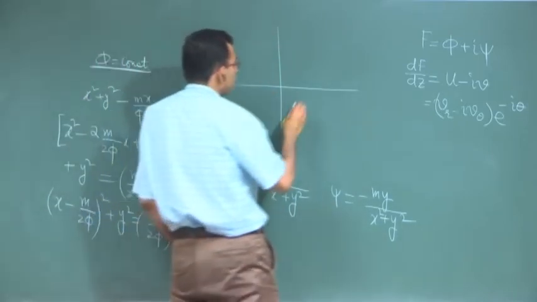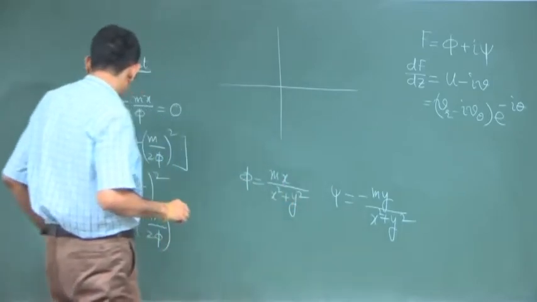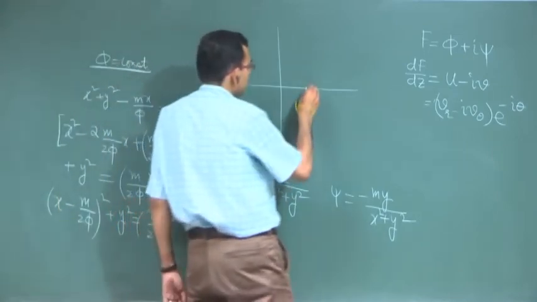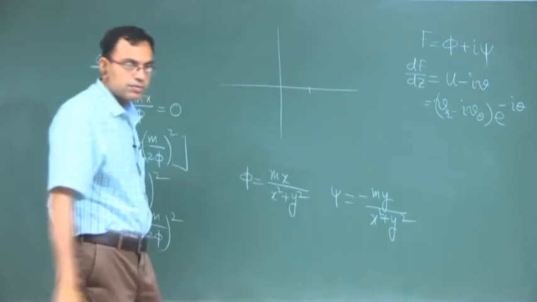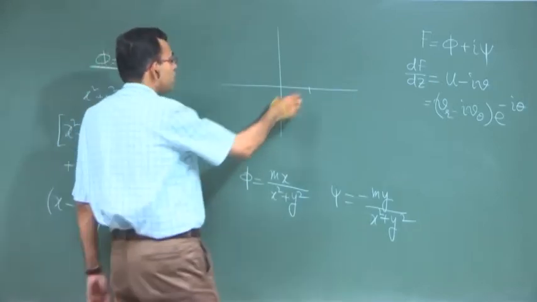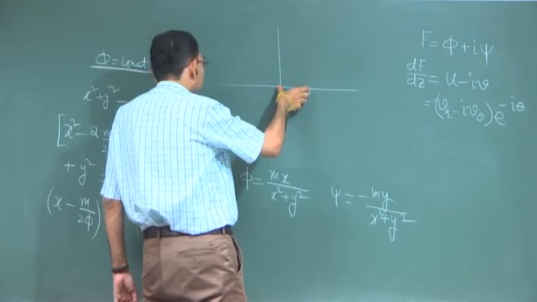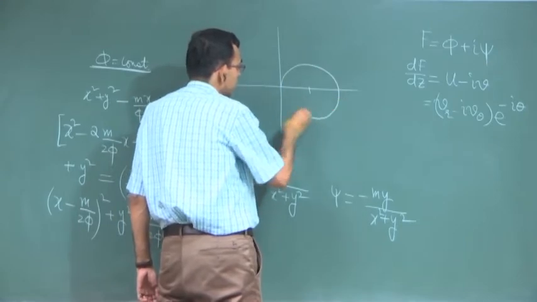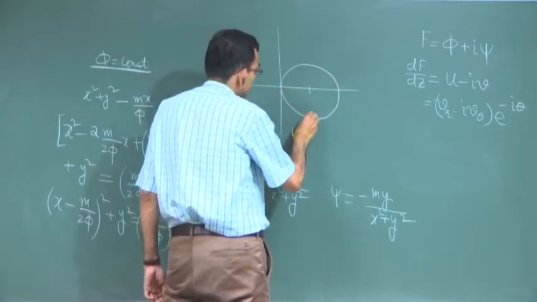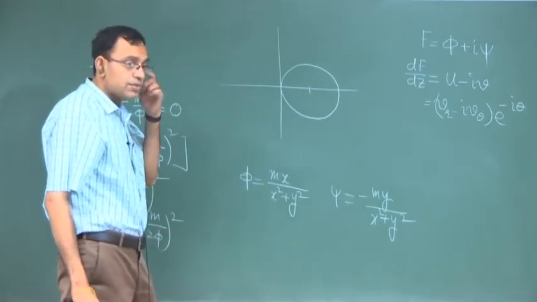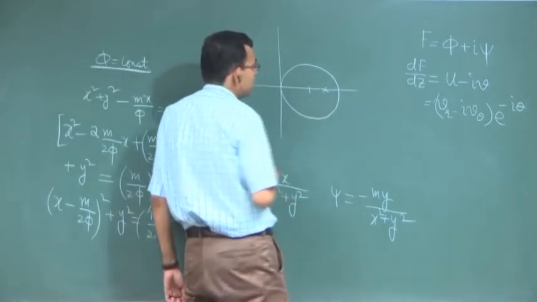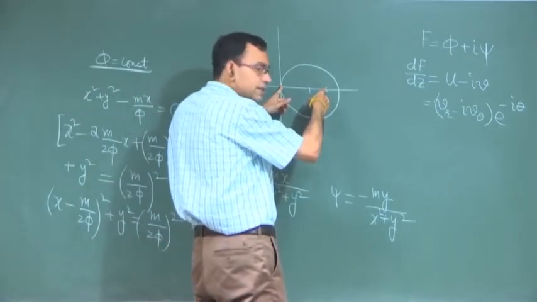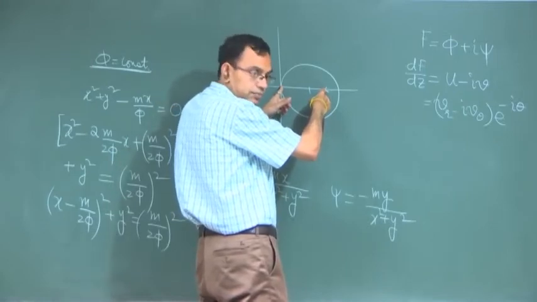So, x equal to m by 2 phi. Now, this phi can be positive, negative, whatever. So, let us take one particular, say, arbitrary point here which is m by 2 phi and y equal to 0 and the radius itself is m by 2 phi. So, in this way if you take say this point as the center, the radius will be this much because center x coordinate and the radial coordinate they are the same.